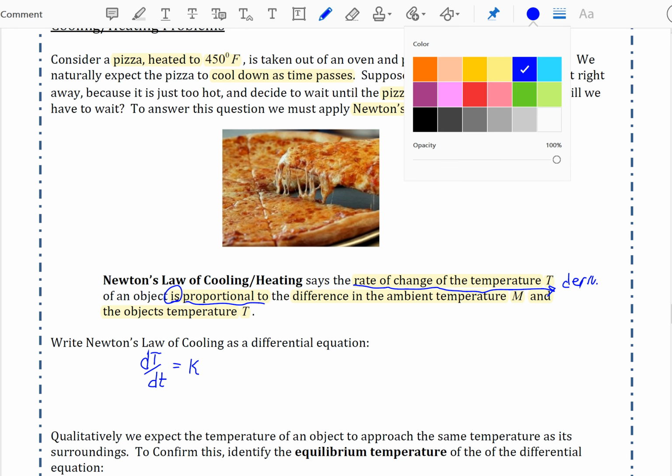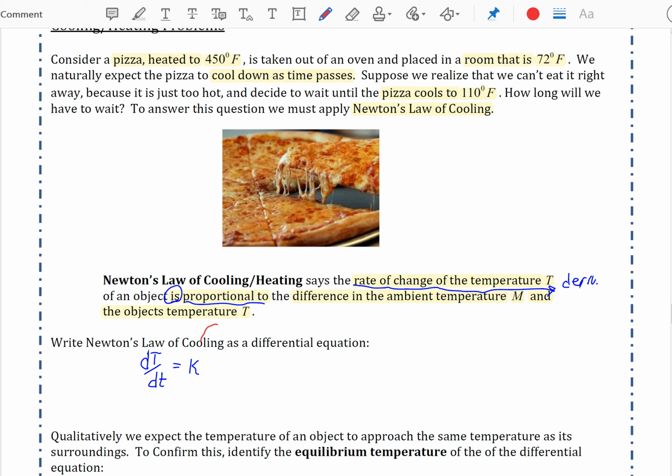Recall this is also referred to as our thermal conductivity constant, and is a measure of how well an object maintains its temperature.